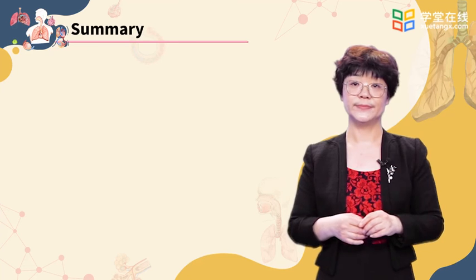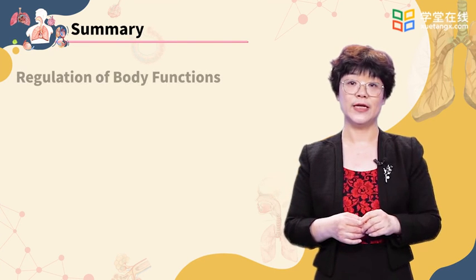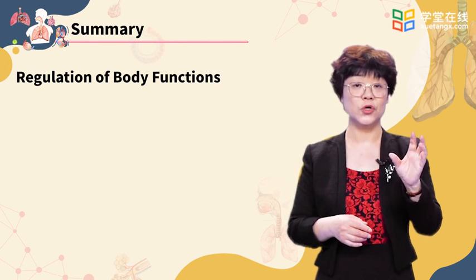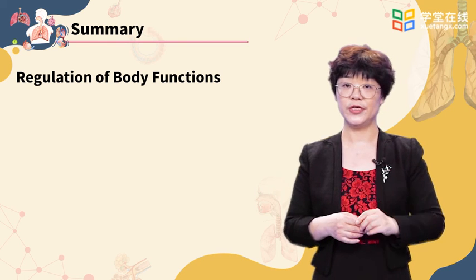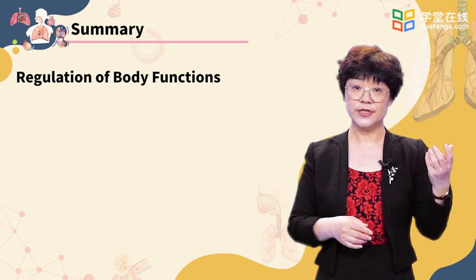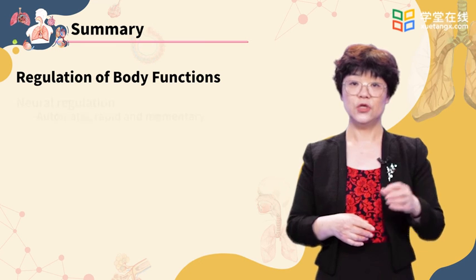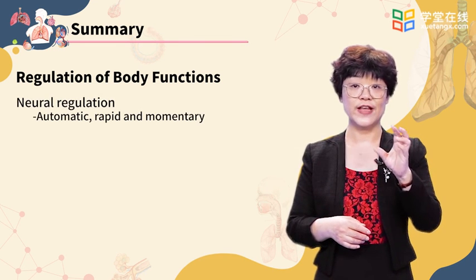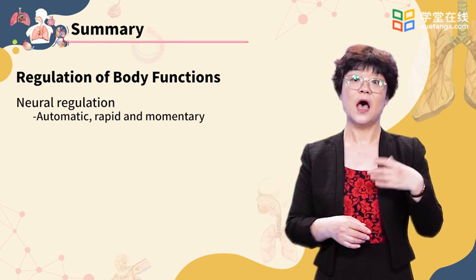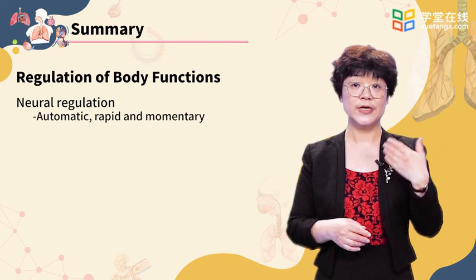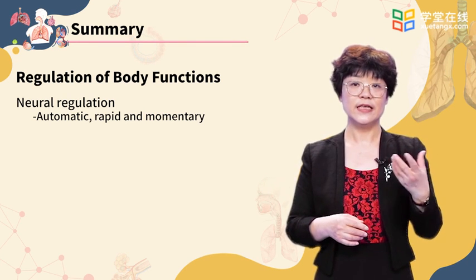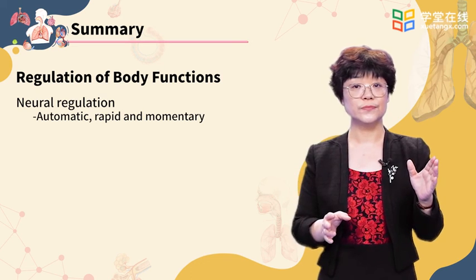So in summary, the functions of a human body are fine-tuned or controlled by neuroregulation, hormonal regulation, and autoregulation. Neuroregulation occurs through reflex arc. It happens automatically, momentarily, and quickly. The effect is brief.